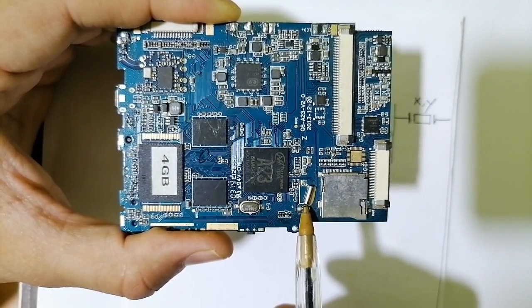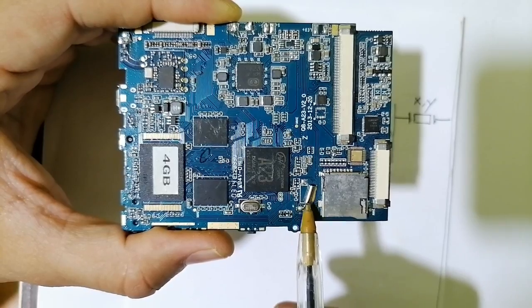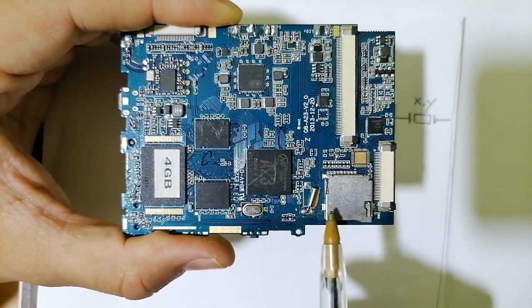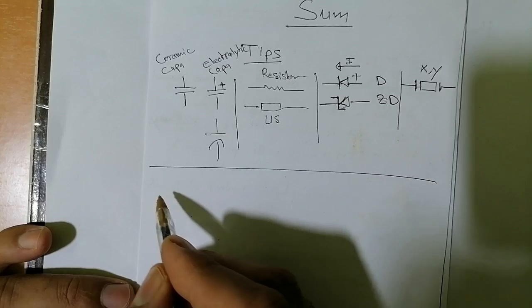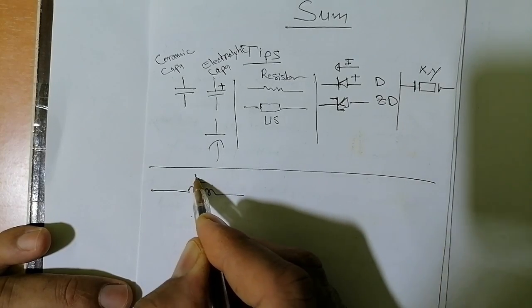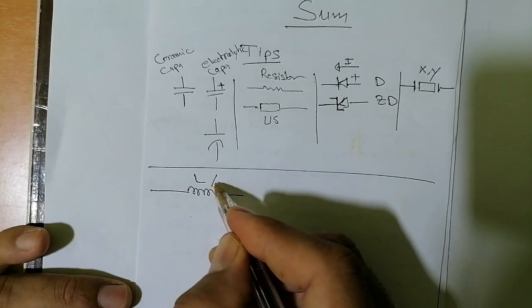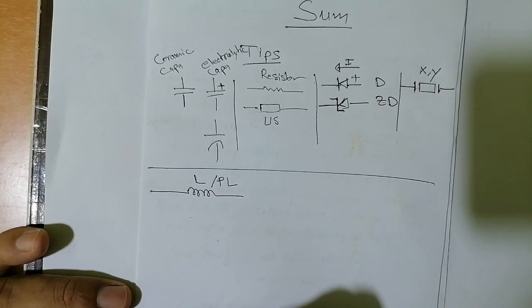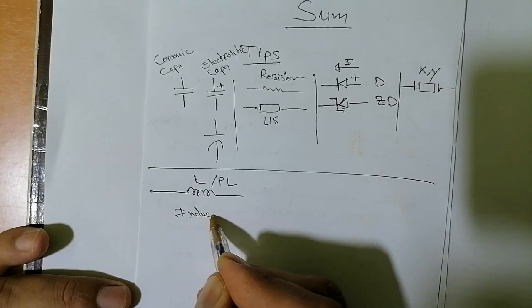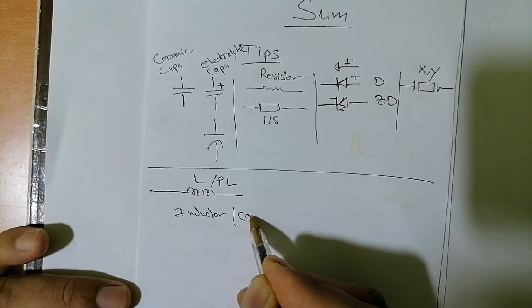Basically, the crystal oscillator and the clock generator are responsible for clock and timing in any motherboard. Here we have the symbol for the inductor, with reference L or PL. This is basically an inductor, or coil.